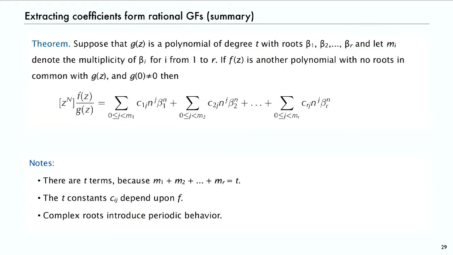There's a lot of symbology on this slide, and I'm not going to read every symbol, just to express the idea that if you've got a rational generating function, then you have a polynomial g of z in the denominator by definition, and what you care about is the roots of that polynomial. Now, those roots have multiplicity, like the 1 minus 2z squared would be multiplicity 2.